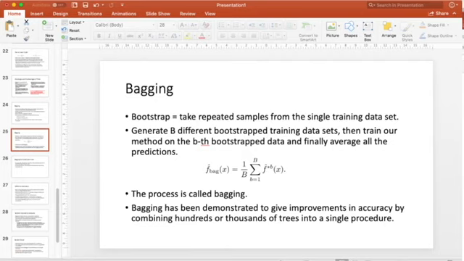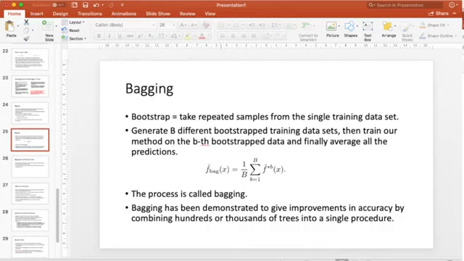So what we do is we generate B different bootstrap training data sets, and then we train our method on the B bootstrap data sets. So let's say B is equal to 5. So what we have is B bootstrap data sets, and then we run this method on these data sets and we average all the predictions using the formula given here.